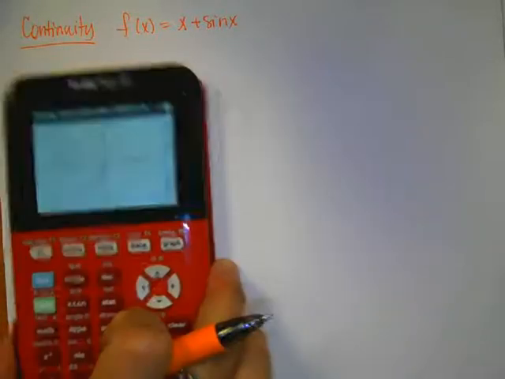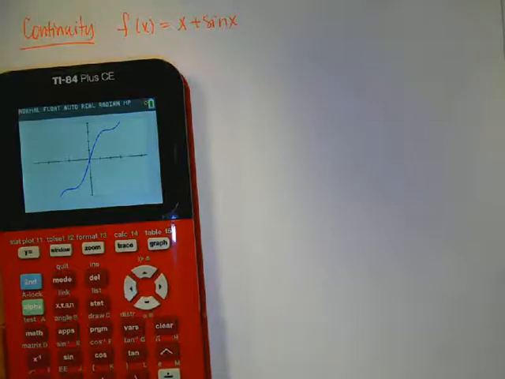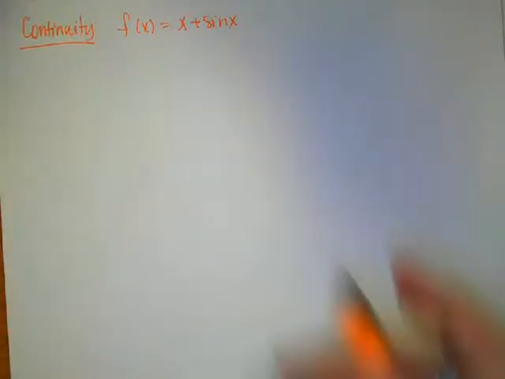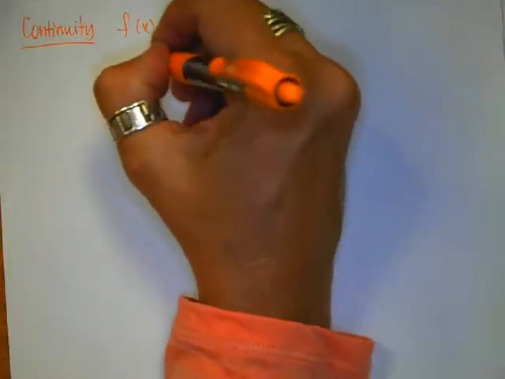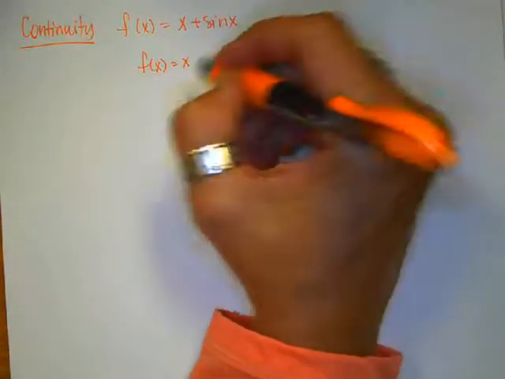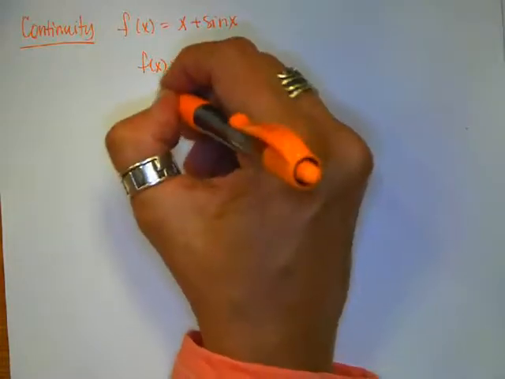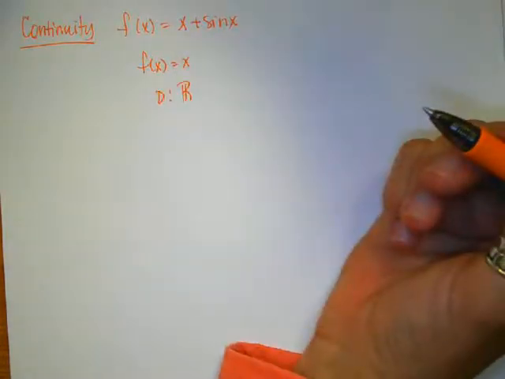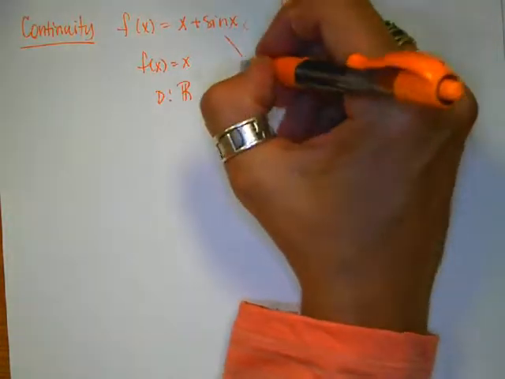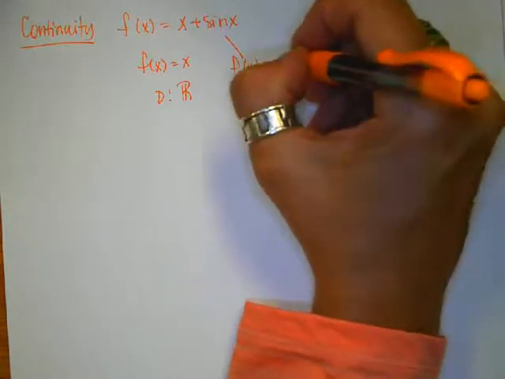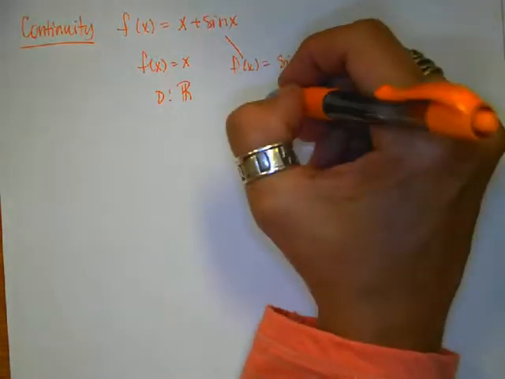Okay? And if we look at the graph, we can see that it's continuous, but let's talk about a way to justify that. I know that f of x equals x is continuous over all reals, because the domain is all reals. And if I take this piece, f of x equals the sine of x, this is also continuous over all reals.